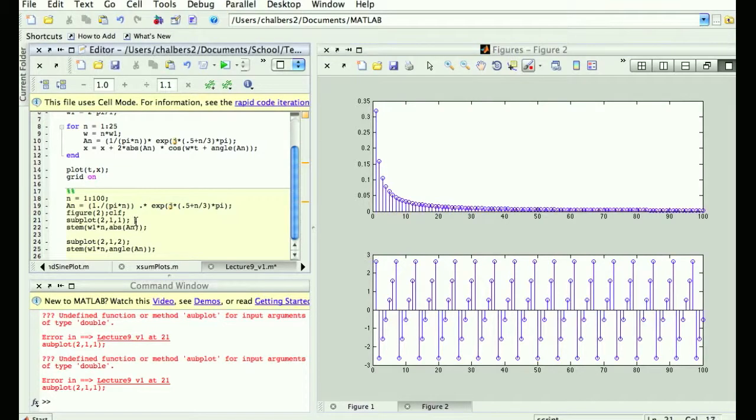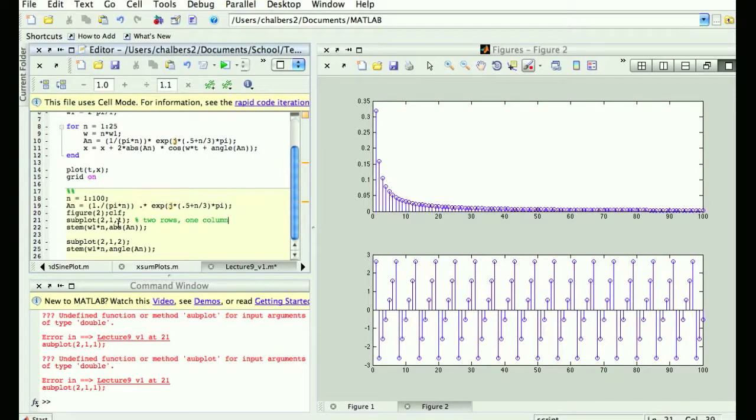So do you see my 2 rows? There's one row of figure and another row of figure, and I've only got 1 column's worth of figure. I can do whatever I want. I can make 3 rows and 2 columns or whatever. So I'm saying take my figure, break it into 2 rows and 1 column, and now I'd like my new plot to go in the first slot. That's how that works.